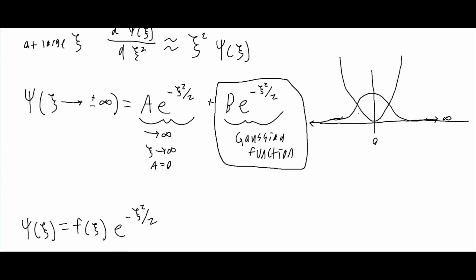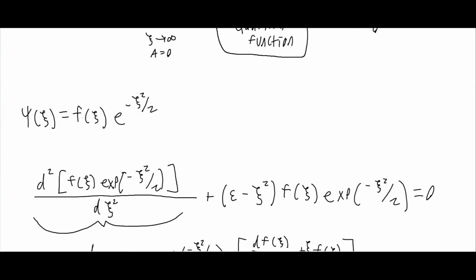So our wave function goes down towards 0 outside of the potential. That's what we wanted to find as xi gets very large. And so we ended up with our wave function being equal to some other function of xi, a function of position, times our Gaussian function.